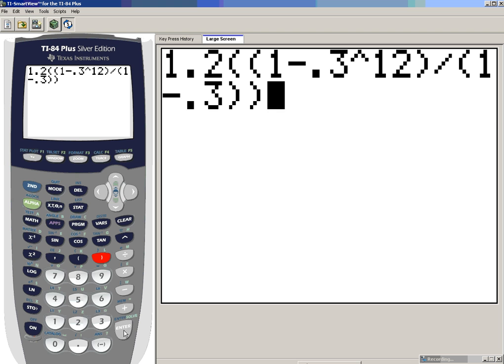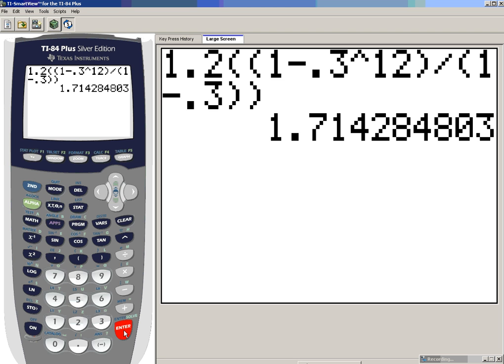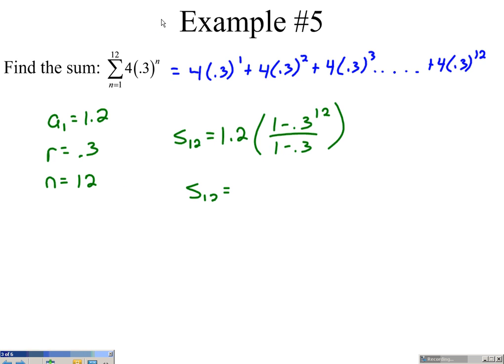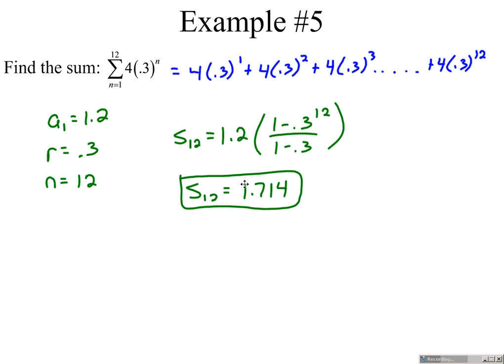Close the entire thing as well. There's our sum, 1.714. That's the formula you will use anytime it is a finite geometric series.